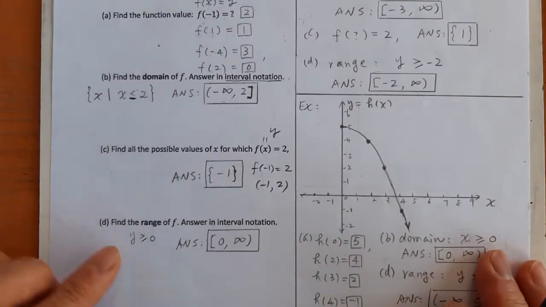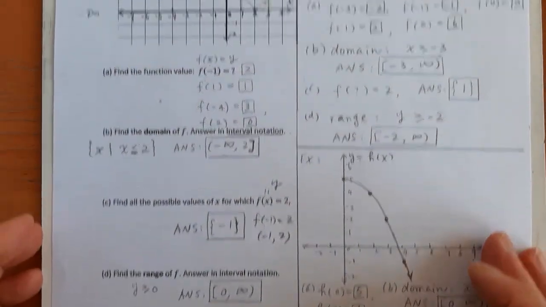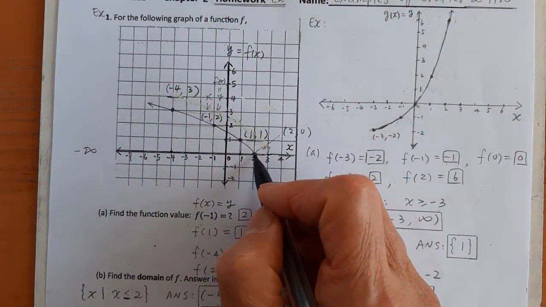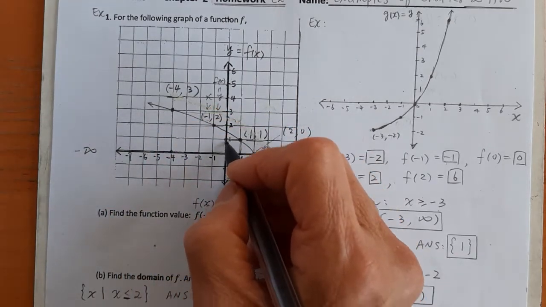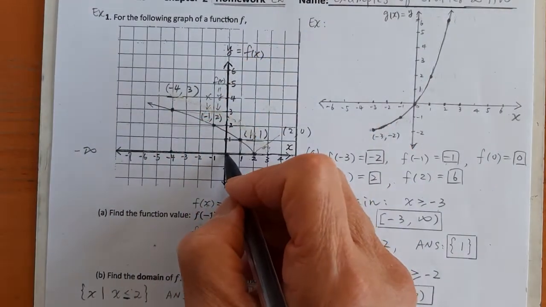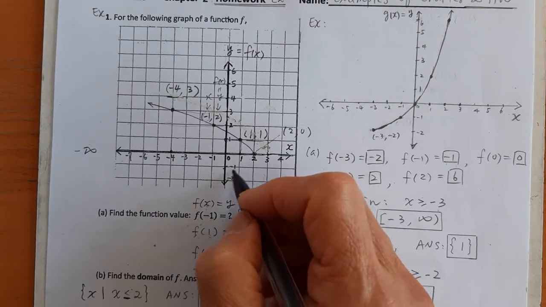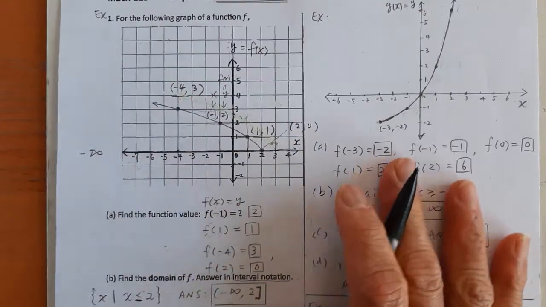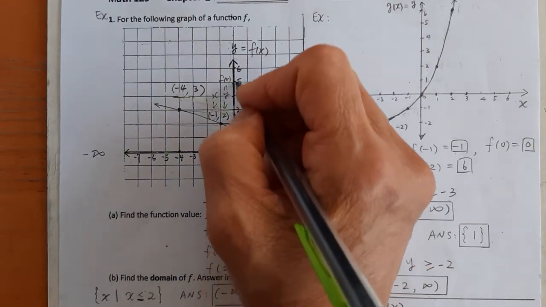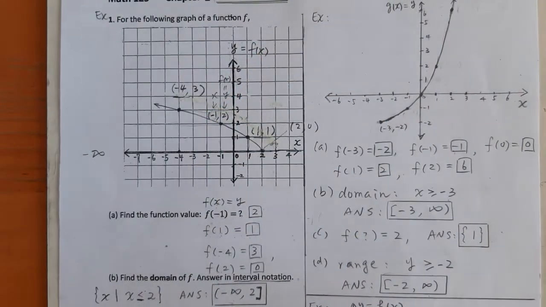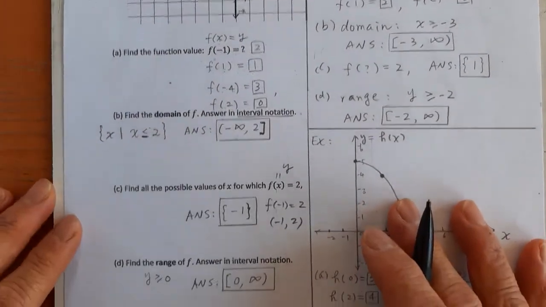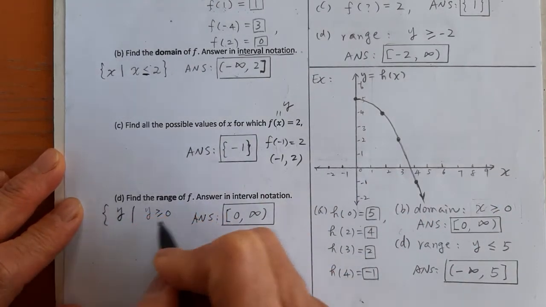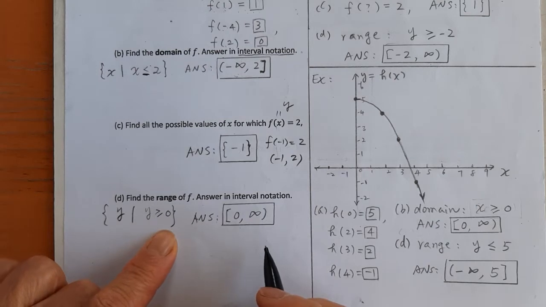Next, find the range of the function. The range is the y value, the function value. The y values for this curve go up to 0. Below 0, there's no curve, no graph, no function. So it's y such that y is greater than or equal to 0.